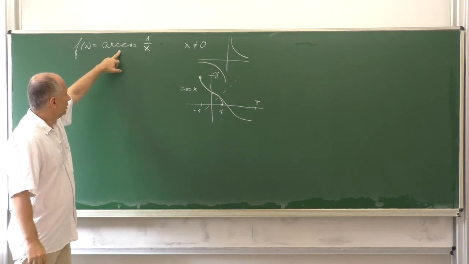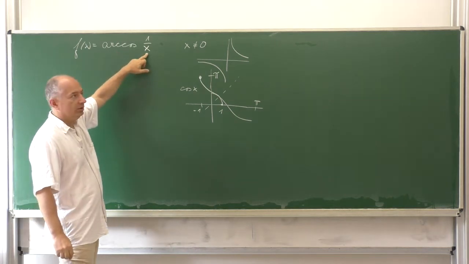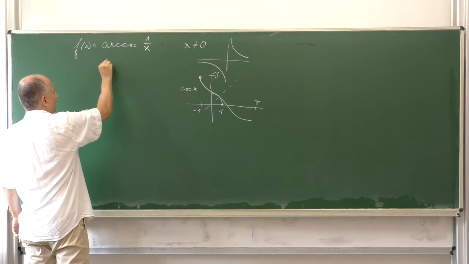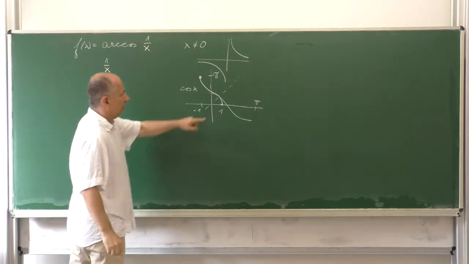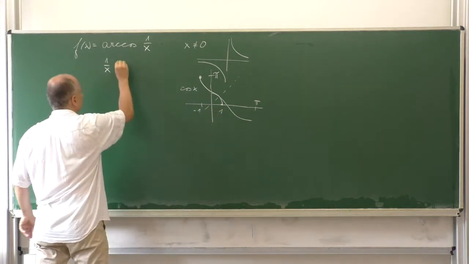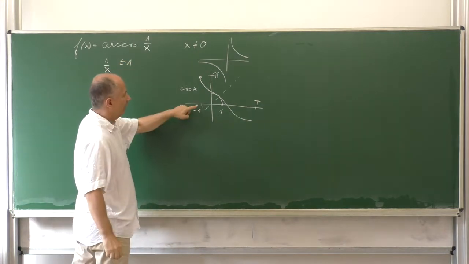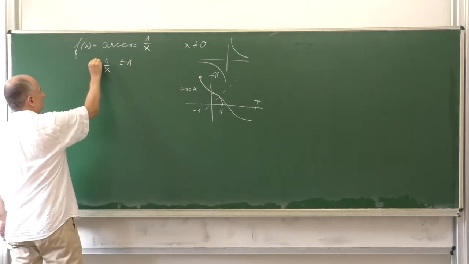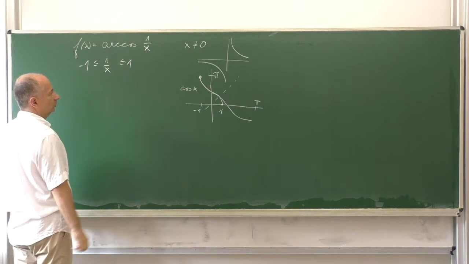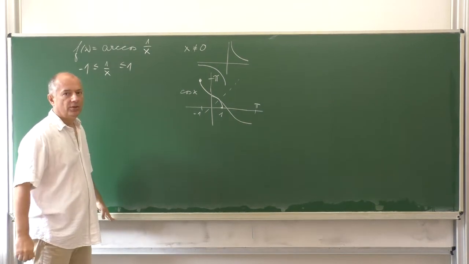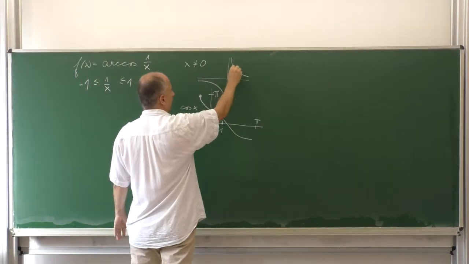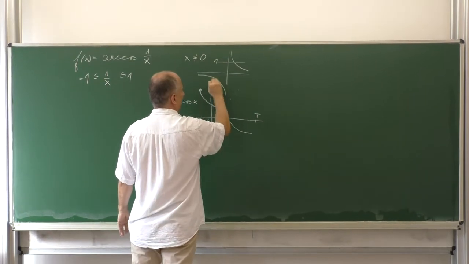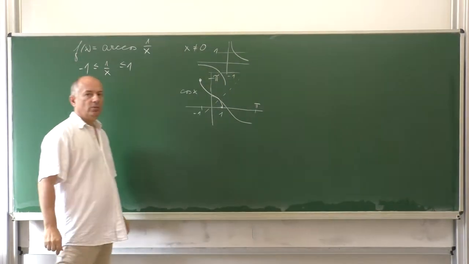So for this expression to exist, the argument of arc cosine, 1 over x, must be not more than 1 and not less than -1. And the condition for x is easy to find from this graph. Here we have 1 over x, and here we have the values -1 and 1.